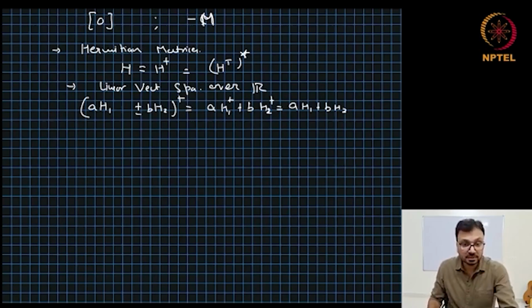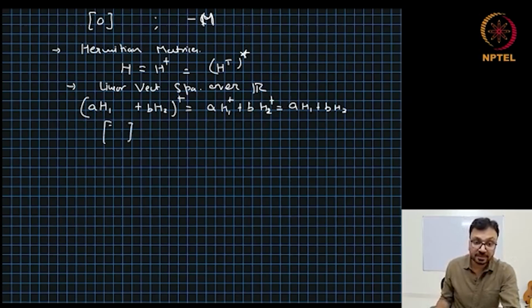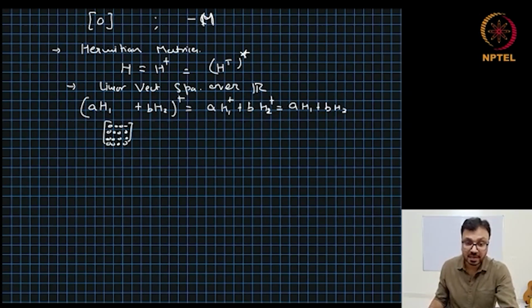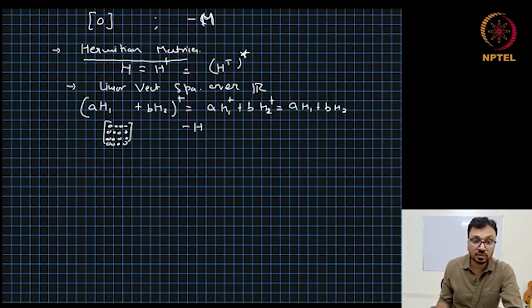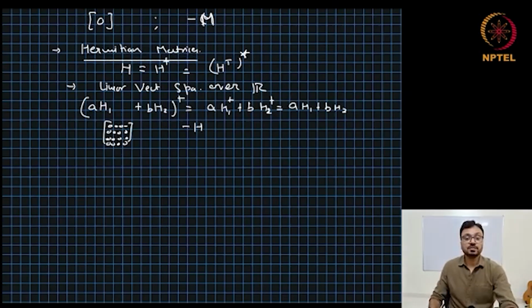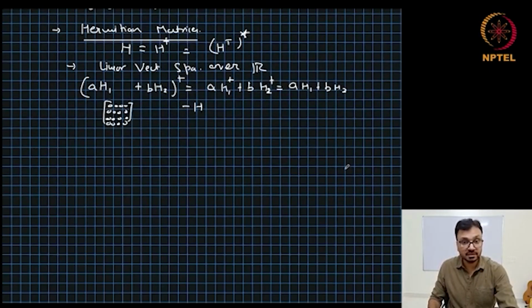Associativity is trivially satisfied, since this is simple addition of matrices and it does not matter in what order we add them. The matrix of all zero elements is Hermitian, so that is the null vector, and the negative of a Hermitian matrix is also Hermitian, so that serves as the inverse vector. So the set of all Hermitian matrices over the real field forms a linear vector space, and this will be used extensively in the entire course.